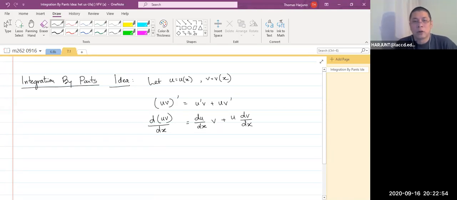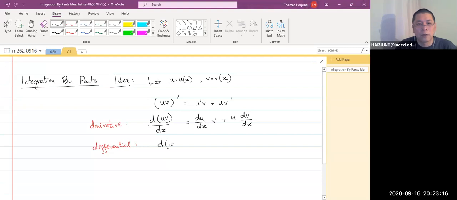Okay, now that's the derivative form. The differential form, you multiply it by dx.